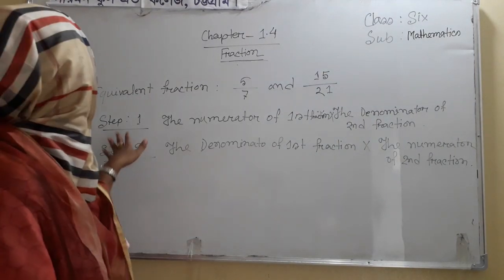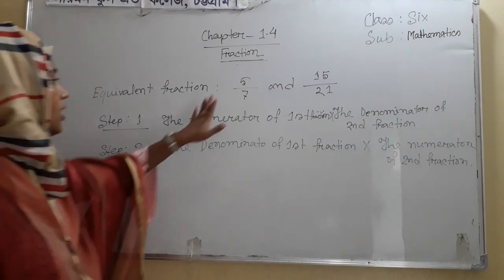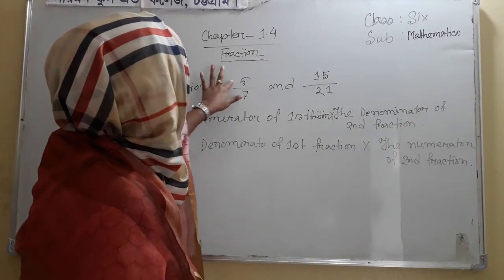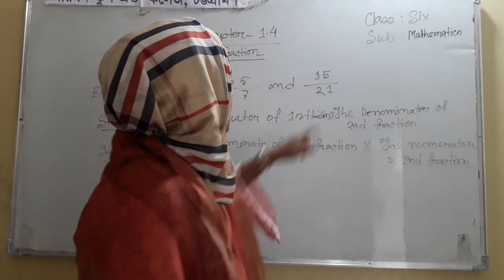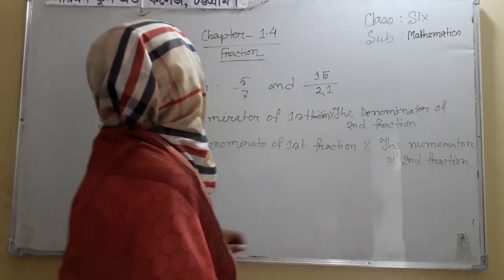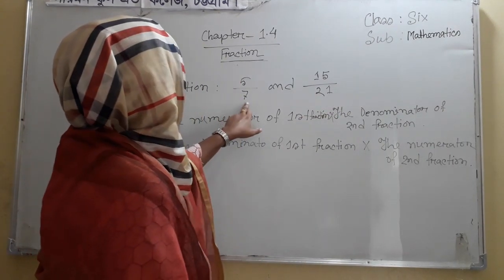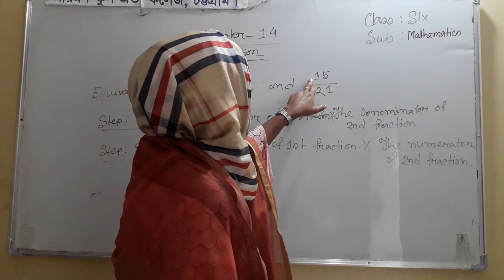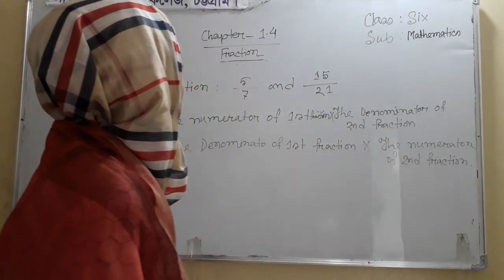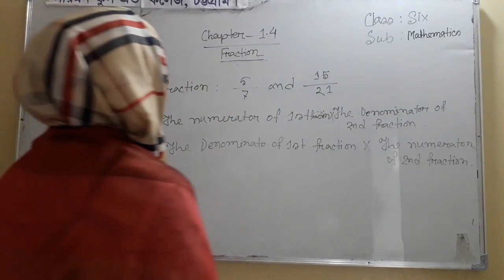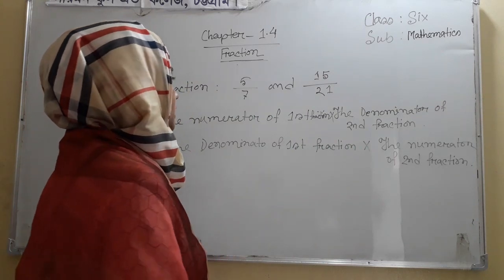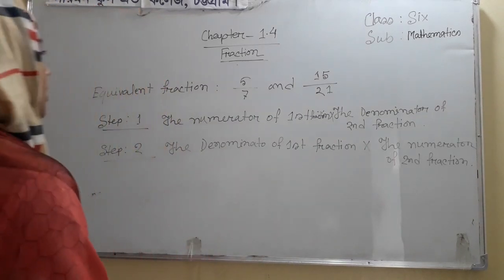Again I say, step 1, the numerator of first fraction into the denominator of second fraction, and step 2, the denominator of first fraction into the numerator of second fraction. Then we have two products. If these two products are equal, then the fractions are equivalent.